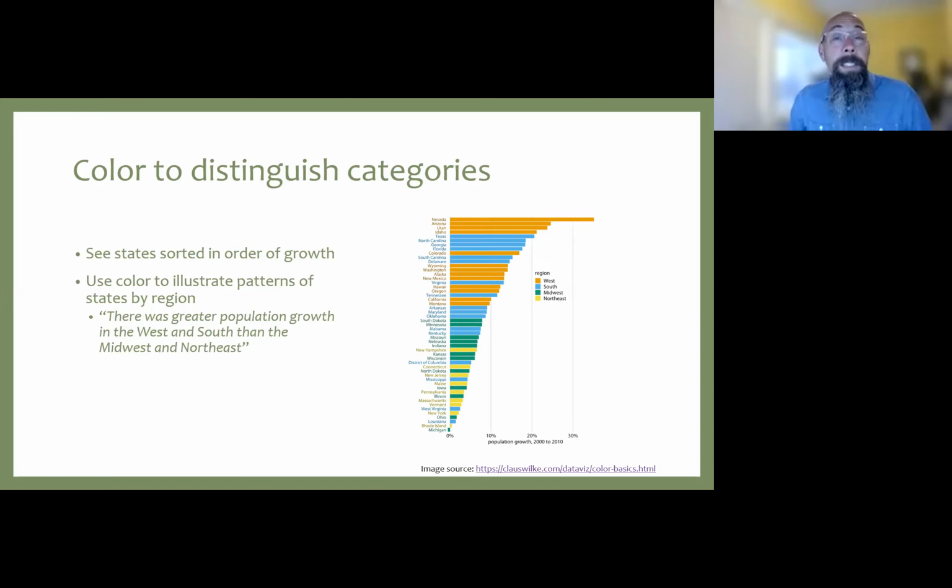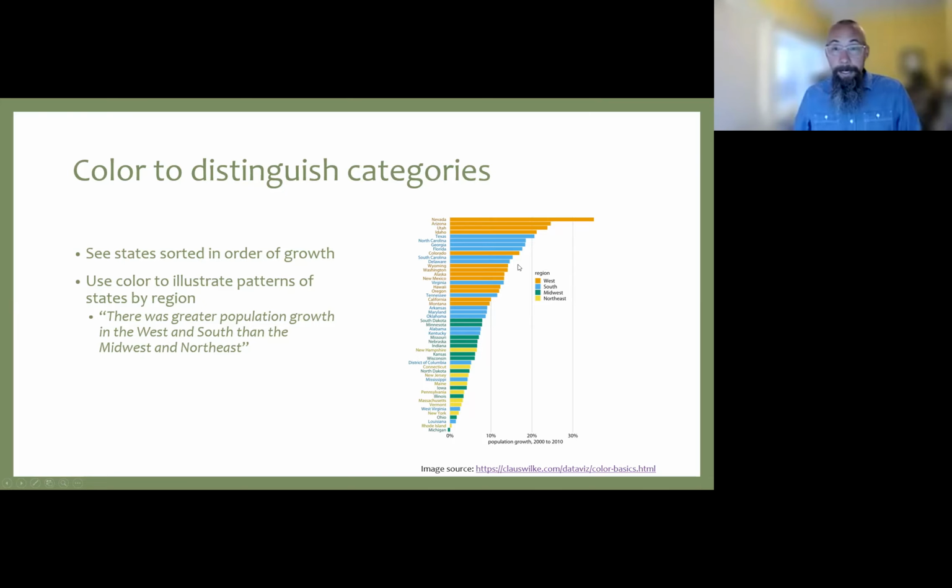We can use color to distinguish categories. So this is a plot of all of the states sorted in order of population growth from 2000 to 2010. So we can see that Nevada had the greatest positive growth and Michigan actually had some population loss. But color is then used to highlight the region.